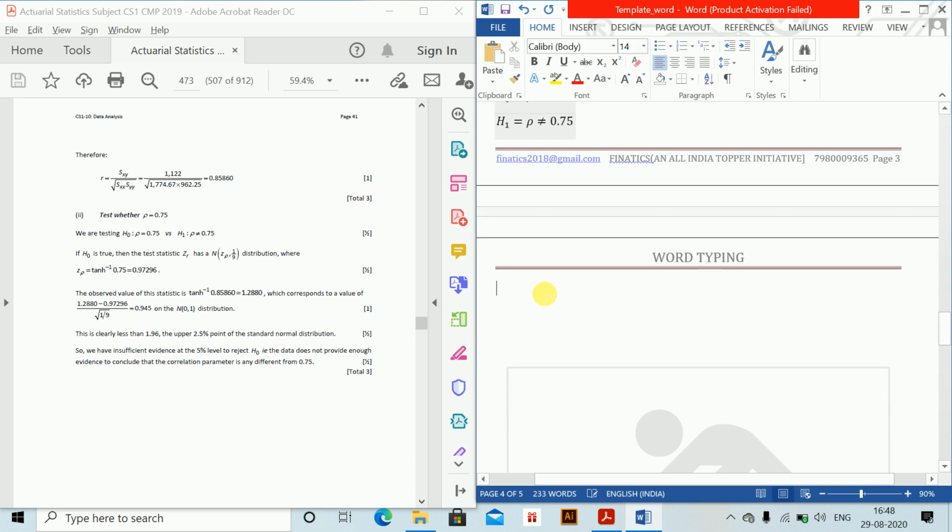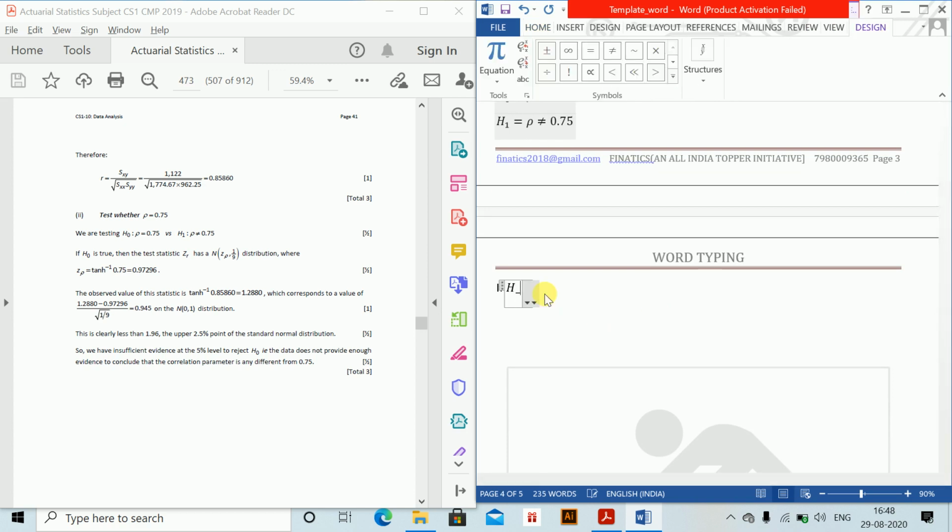So now if H0 is true, then the test statistic Z_r has a normal distribution with mean Z_rho and variance 1/9, where Z_rho = tanh⁻¹(0.75), which is equal to 0.97296.